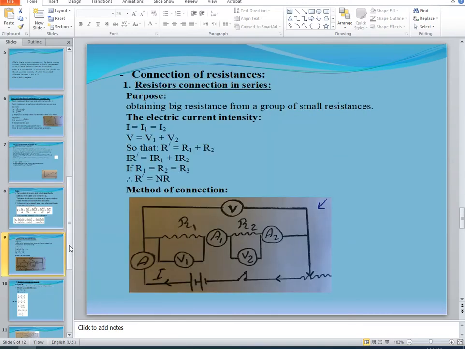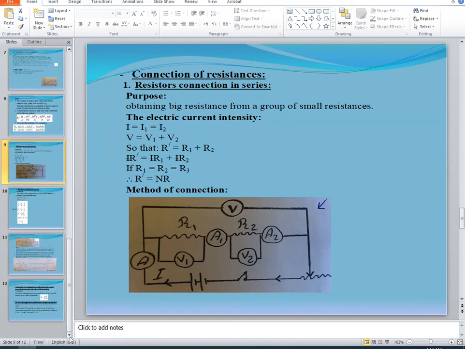Now let's move to discuss together a very important title, which is called the ways of connecting resistors.